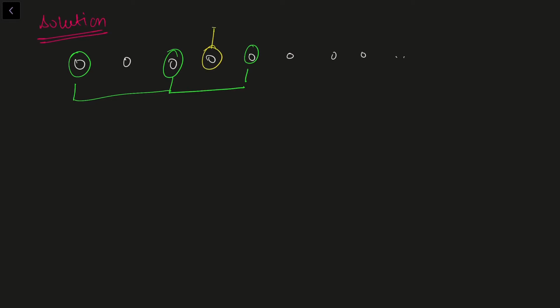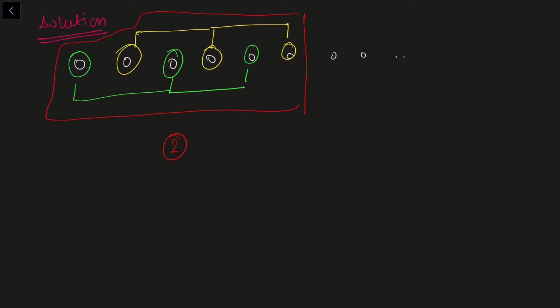In order to solve this problem, we need to make some observations. Let's say we have a certain amount of bulbs here. If I turn on this bulb, then I will also turn on this bulb and this bulb. Similarly, if I turn this bulb on, then I can turn this bulb on and this bulb on. So here we can clearly see that if we have 6 bulbs, we need exactly 2 operations to turn all of them on.